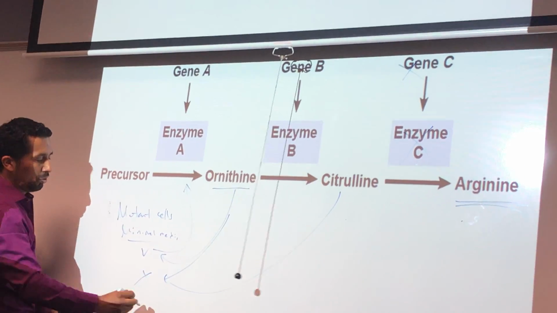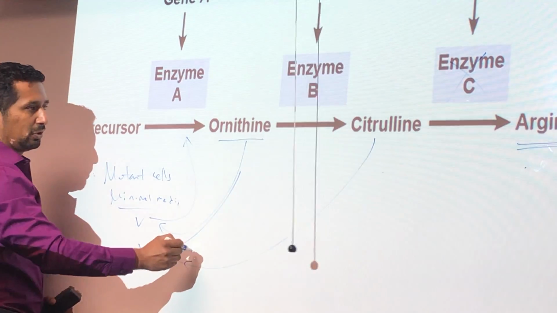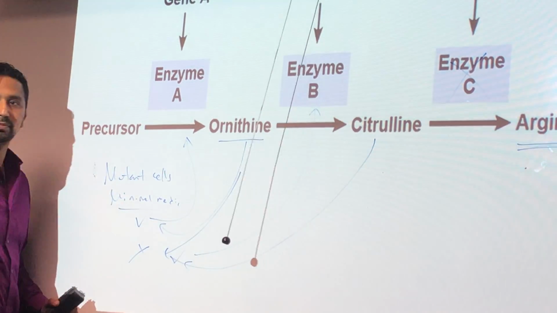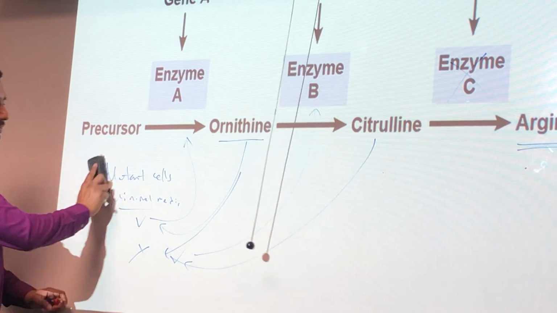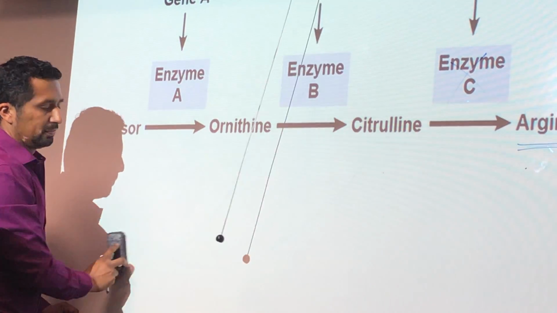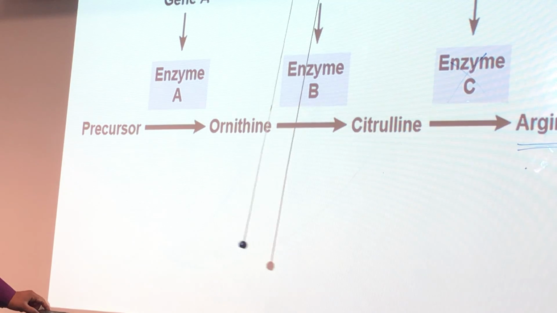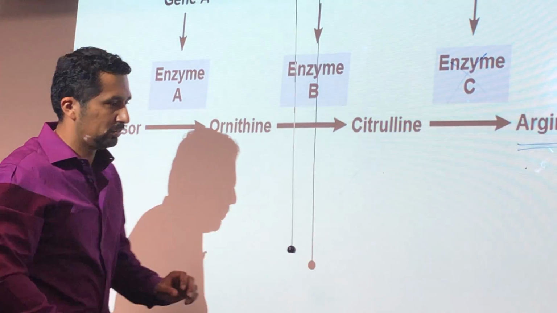If it doesn't grow, then add citrulline. And now if it grows, then that is enzyme B, the one that is not working. If ornithine doesn't grow, that means it is enzyme A.